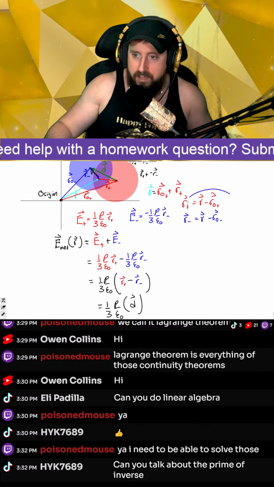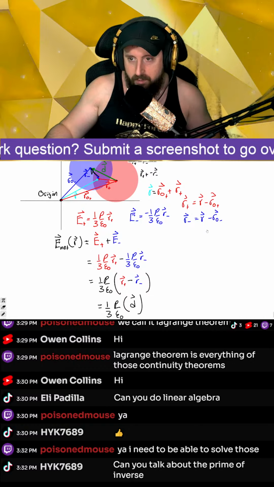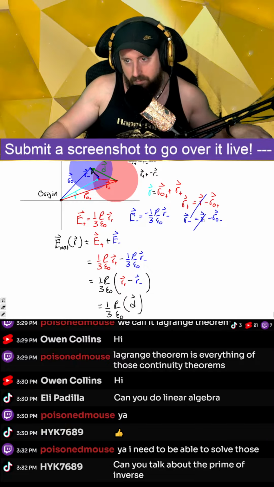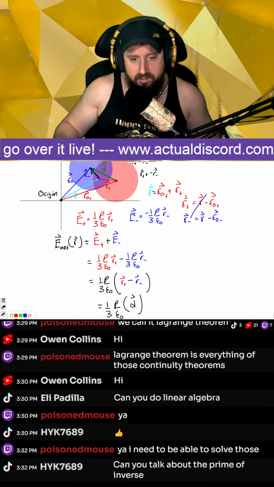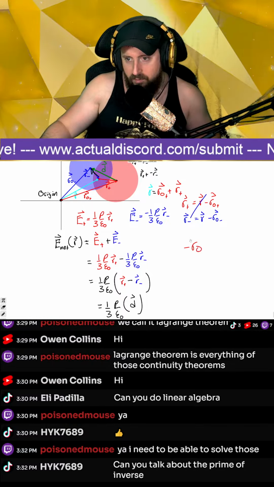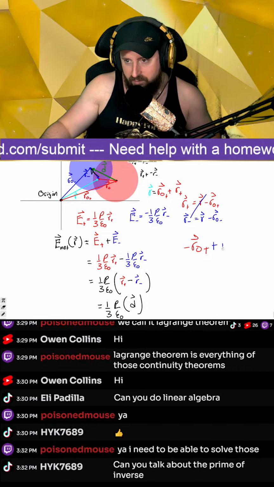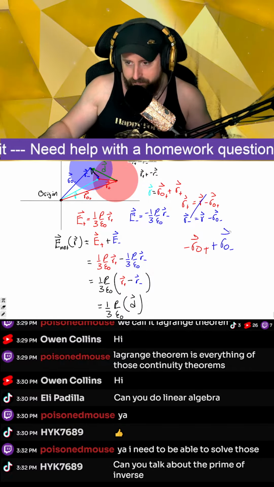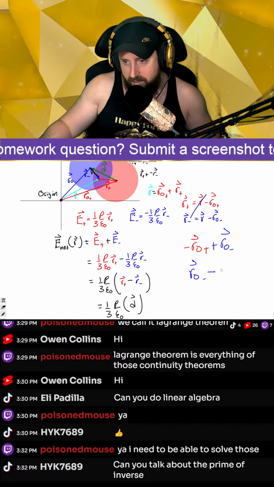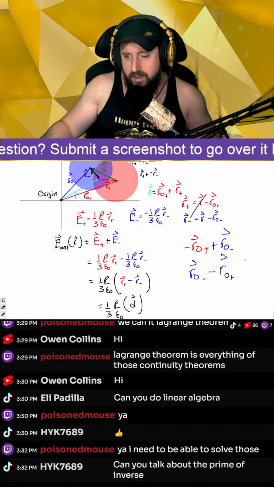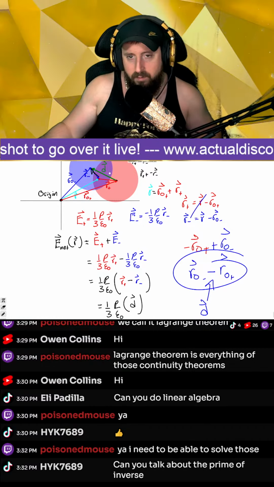And so if you were to replace these in for this to have your thing as a function of R, you would still see that this cancels. And you end up getting minus R0 plus vector, plus R0 minus vector, which is R0 minus vector minus R0 plus vector. And this right here is also vector D, right?